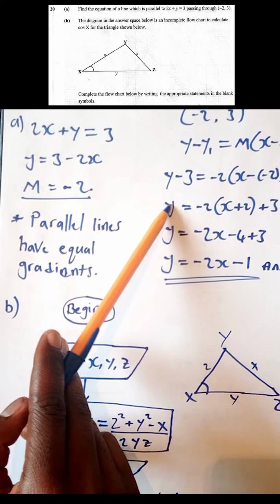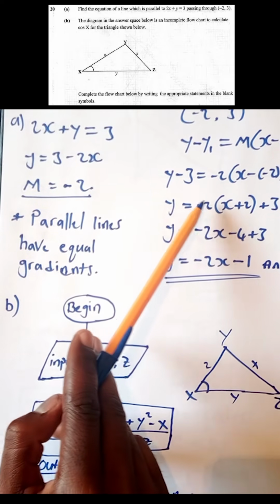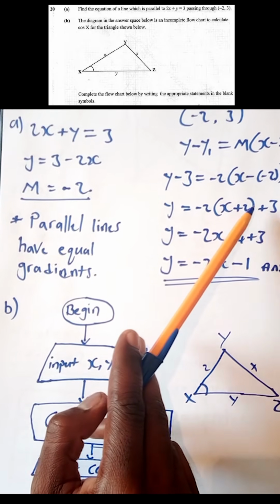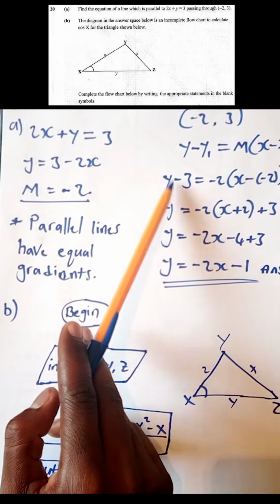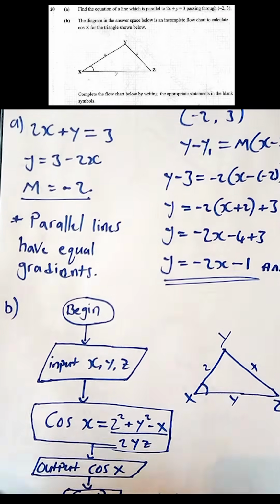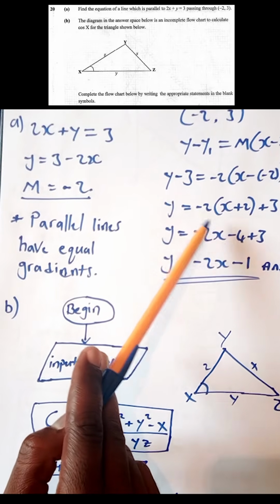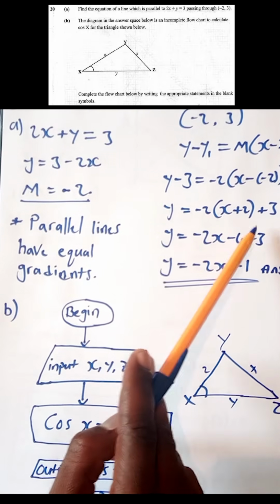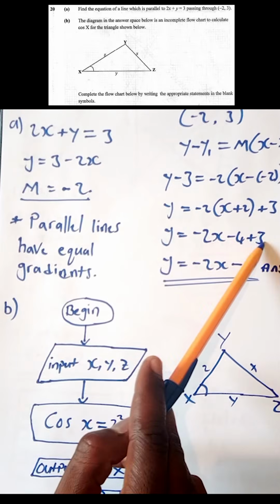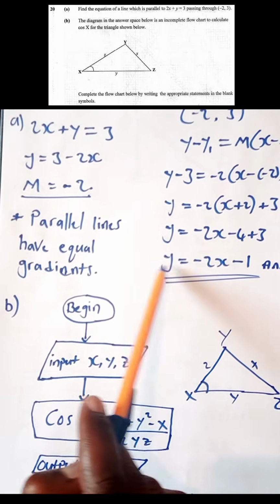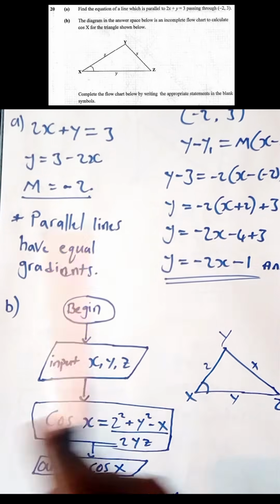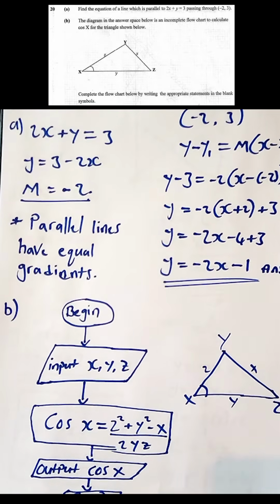So your y is actually equal to negative 2, open brackets x plus 2, close brackets, plus 3. You open brackets by multiplying, you get negative 2x minus 4, then plus 3. Negative 4 plus 3, that's negative 1. So your y is equal to negative 2x minus 1. You have it as your answer.